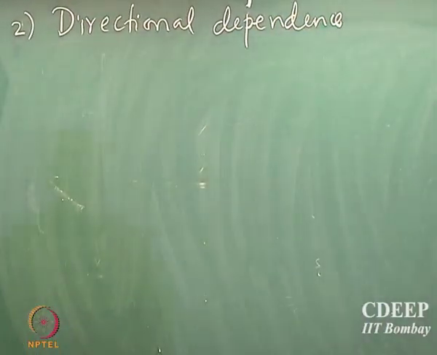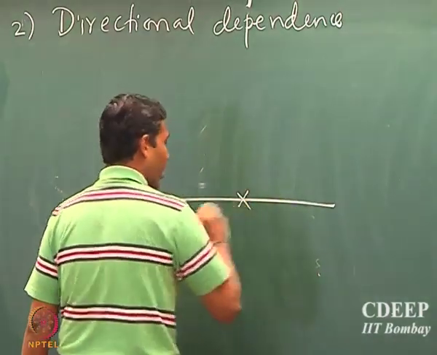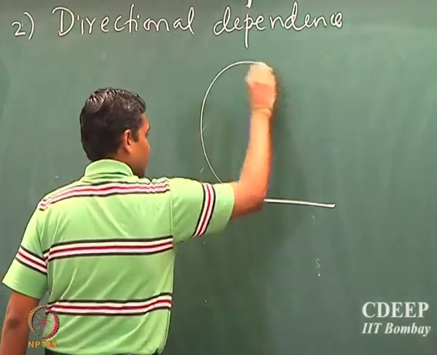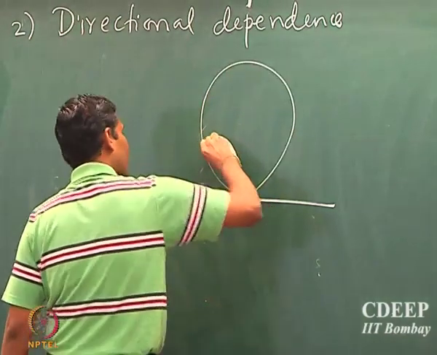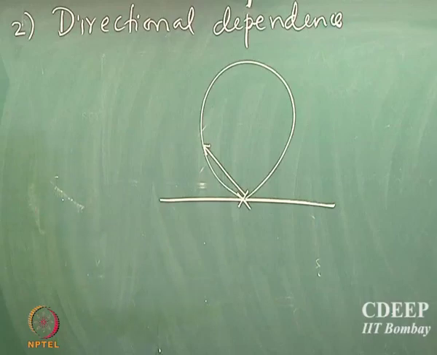The radiation is also dependent on the direction at which the emission is occurring. So in principle, as a cartoon, supposing I have a point object here which is emitting radiation. The length of the arrow denotes the intensity of the radiation.